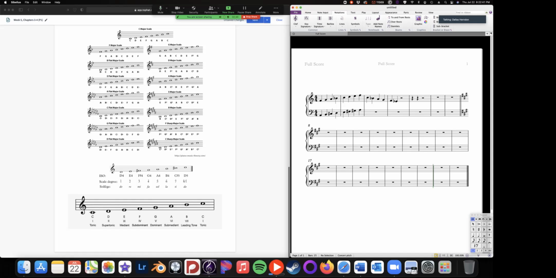Scale degree 3, we call the mediant. Scale degree 4, we call the subdominant. Scale degree 5, we call the dominant. Scale degree 6, we call the submediant. Scale degree 7, we call the leading tone. And lastly, when we get back to the starting note, the top note of the scale, it's the tonic again, okay?